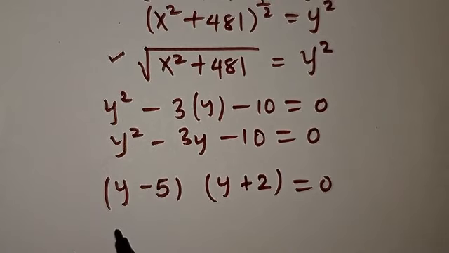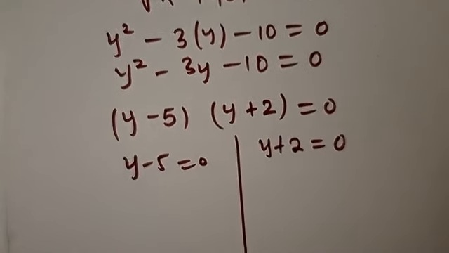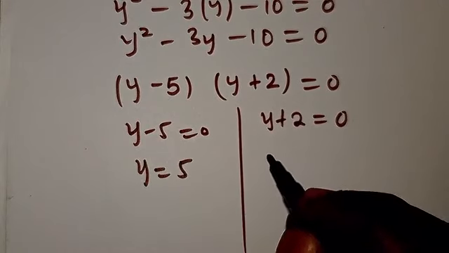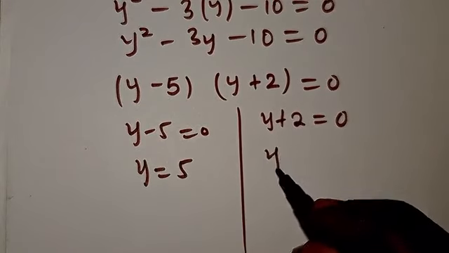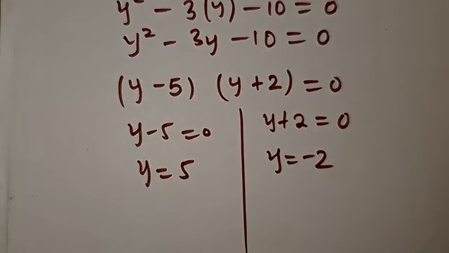So this implies that y minus 5 equals 0, or y plus 2 equals 0. So we are going to have y equals 5, then y equals minus 2. So we have y to be 5 and y to be minus 2.